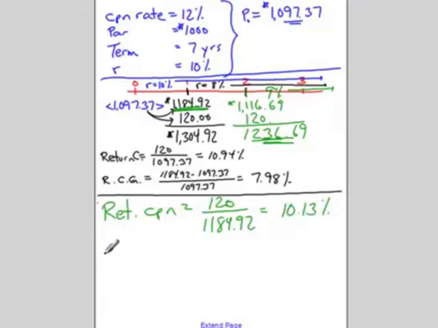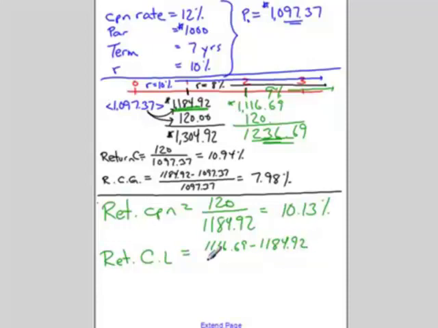And then we have a capital gain or loss. That's the return from the capital. And notice here, I put CG here for capital gain, but looks like we have a capital loss. The price actually went down. And we can compute that loss as 1116.69 minus 1184.92.